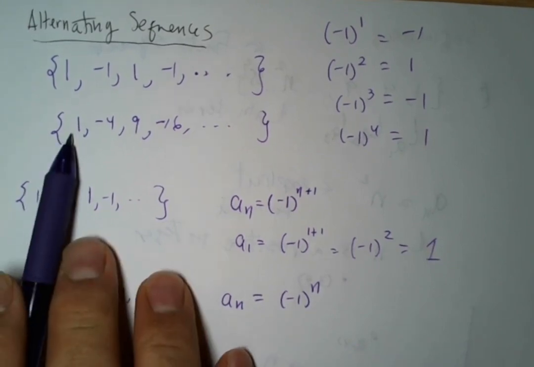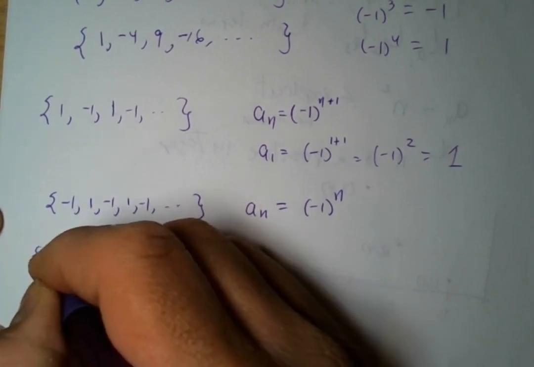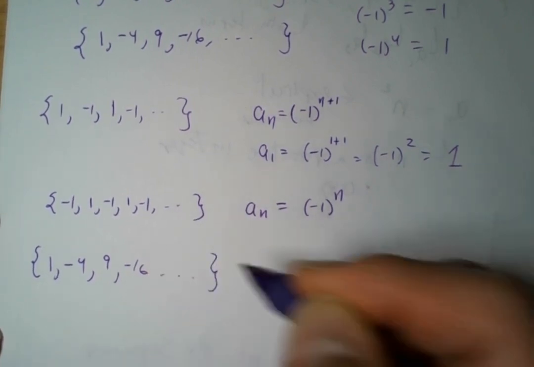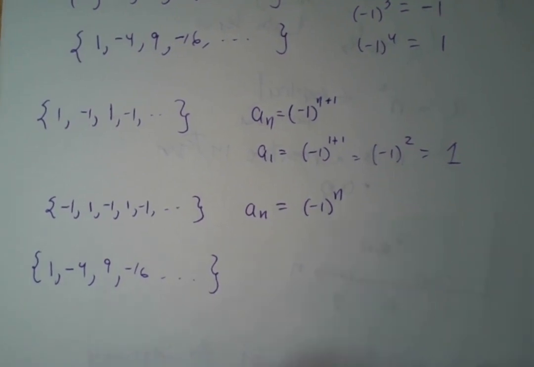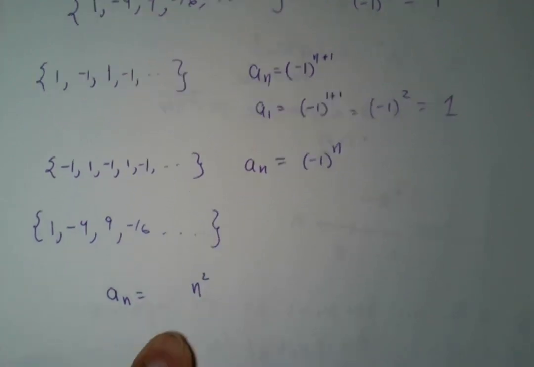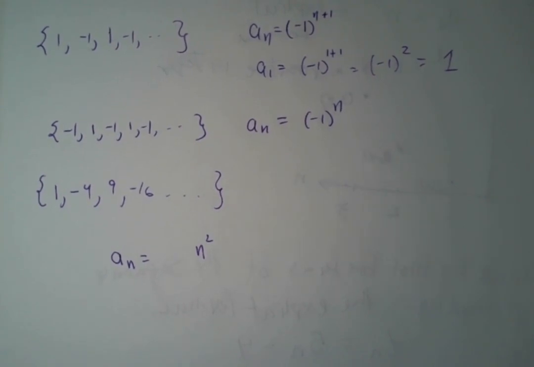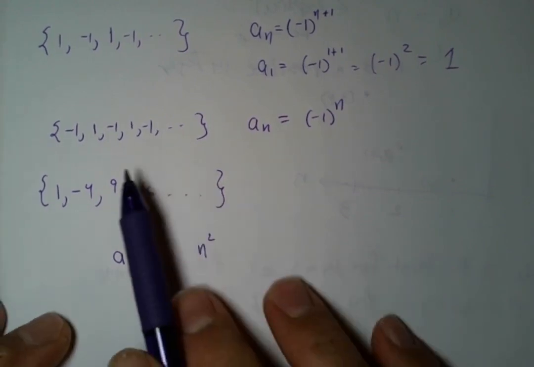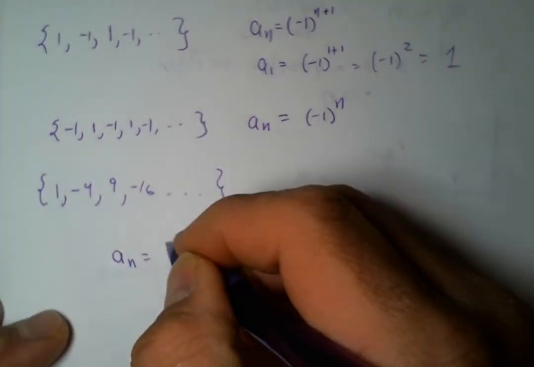So for example, let's say I wanted to write the explicit formula for this one. I know from a previous example that a sub n is equal to n squared. But now I want to get it to alternate. Like I said, think of this alternating as two separate parts. You can figure out the calculations for the numbers, and then the alternating part you can multiply in.